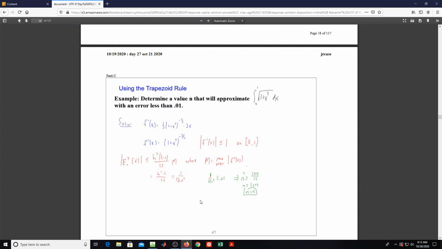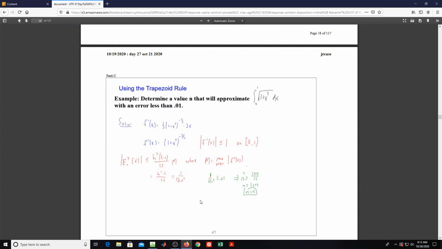So that's going to imply, well, let's get everything out of the denominator. That's going to imply that 12 n squared is going to be greater than or equal to 100, or n squared greater than or equal to 100 over 12.